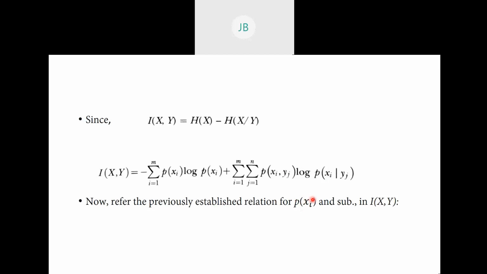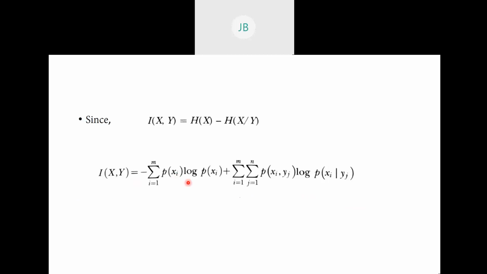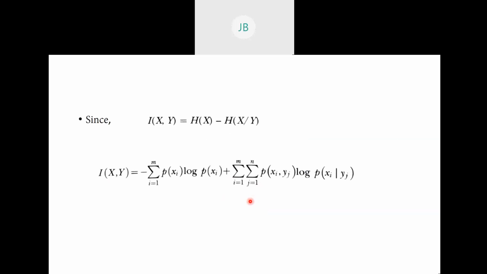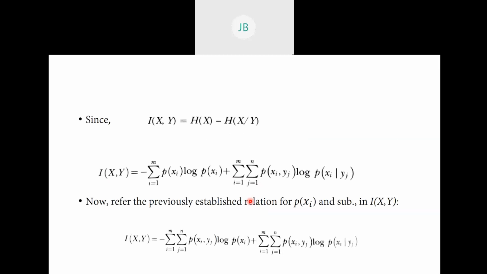So we know what P(xi) is that we established earlier, and we will substitute that here, because we have a P(xi) here. So P(xi) is nothing but summation j equal to 1 to n of the joint probability between input and output. So that is what we will be substituting here.